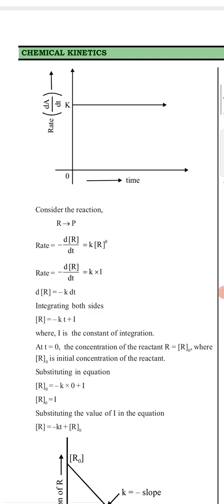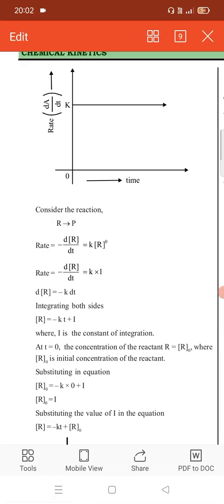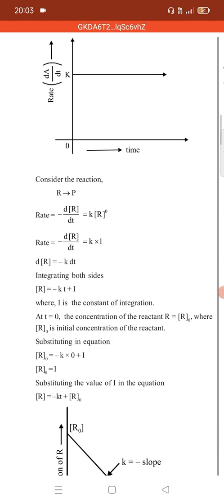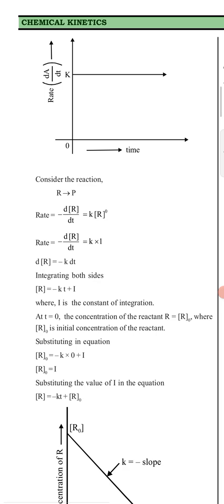We find this value at the limit: when t equals 0, the concentration of the reactant R equals R0, the concentration of the reactant at the initial time, when the reaction has not started.